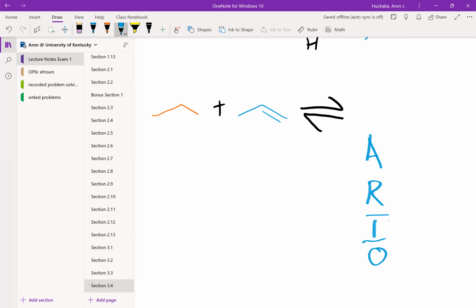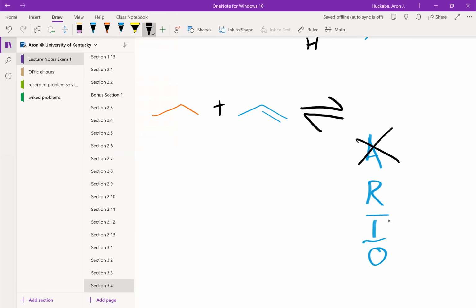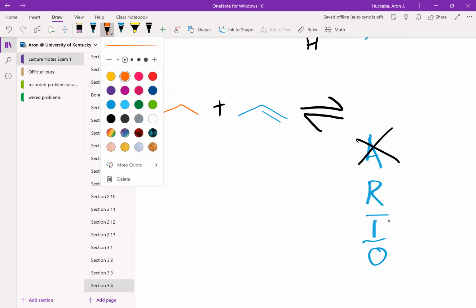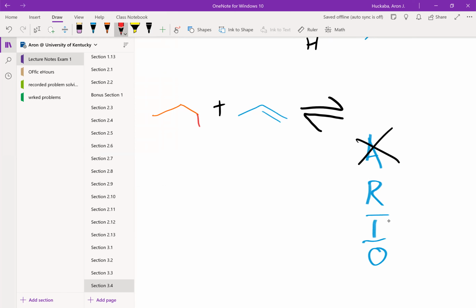So here, we only have carbons in the structure, so it seems like A can't be used. We're actually going to look at these specific protons here.